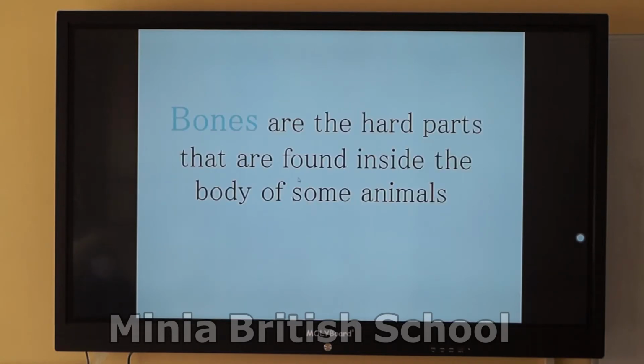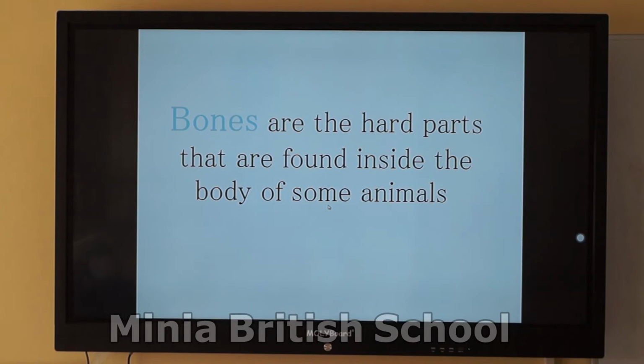Let's see. Bones are the hard parts that are found inside the body of some animals. When you eat chicken or fish, there are hard parts you can't eat, but you remove them away. These parts are called bones.